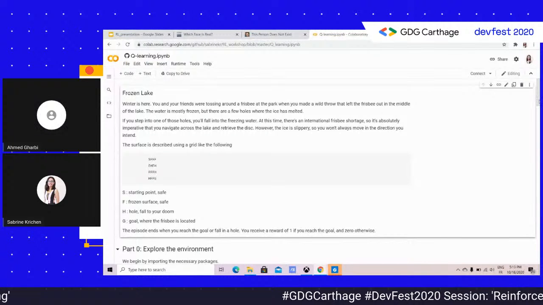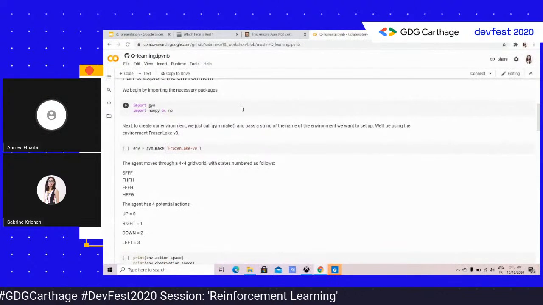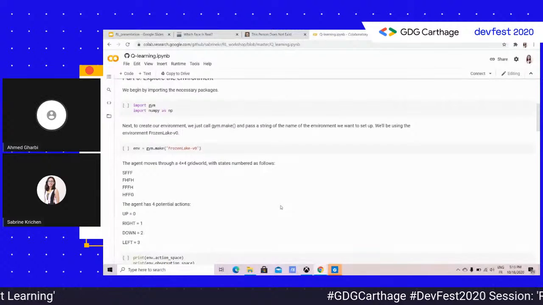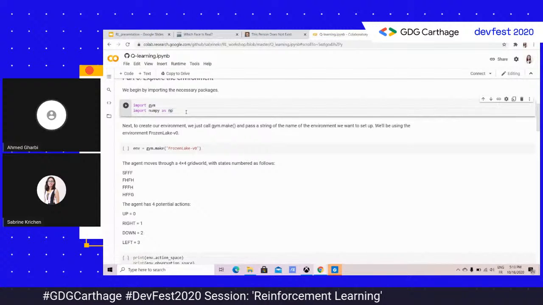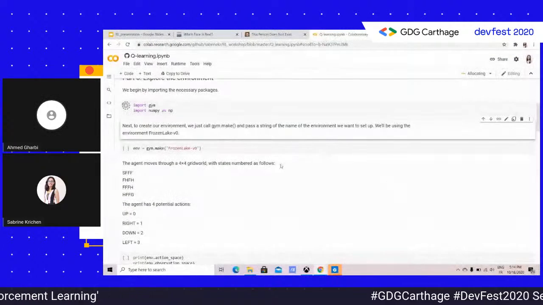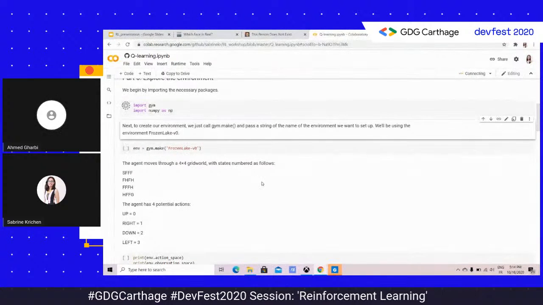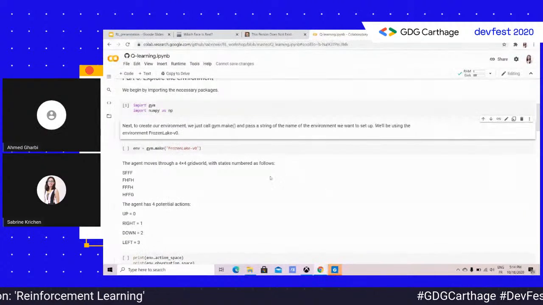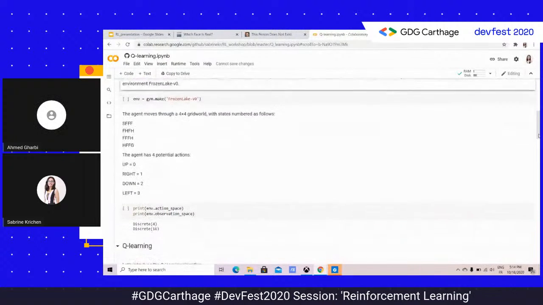Can you go down a little bit, Sabrine? Okay, so we said we were going to use the gym library. So we import this library by executing the first cell, and we also need NumPy. In order to create the environment, we just have to call gym.make, and we input the name of the environment that we are going to work with today. So we just create a new environment with the second cell.